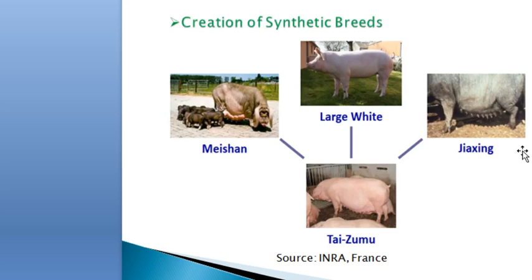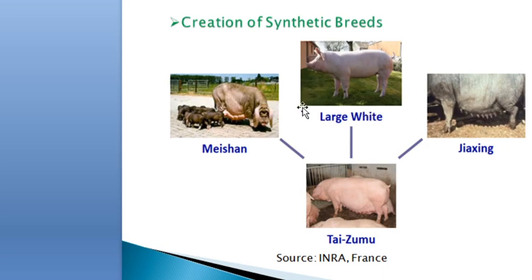Okay, now we have creation of synthetic breeds, and here we have a good example of the Meishan and the Jiaxing, that are Asian breeds, and the Large White. So Meishan and Jiaxing are good maternal breeds, meanwhile Large White is a very outstanding breed as far as meat production is concerned: the conformation and just what is being expected and required by the European market.